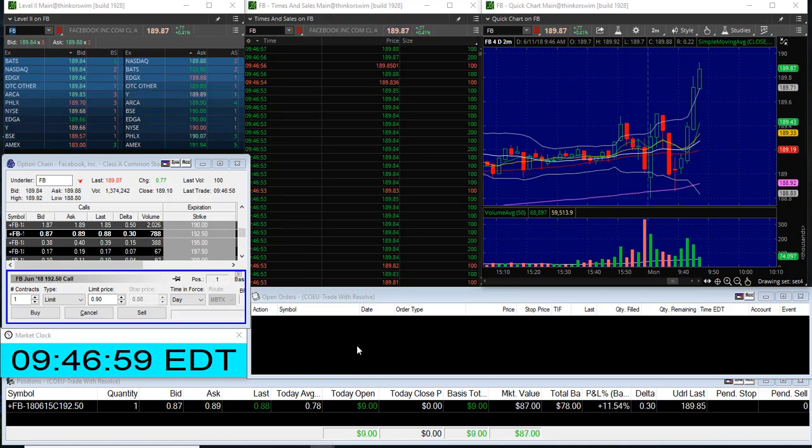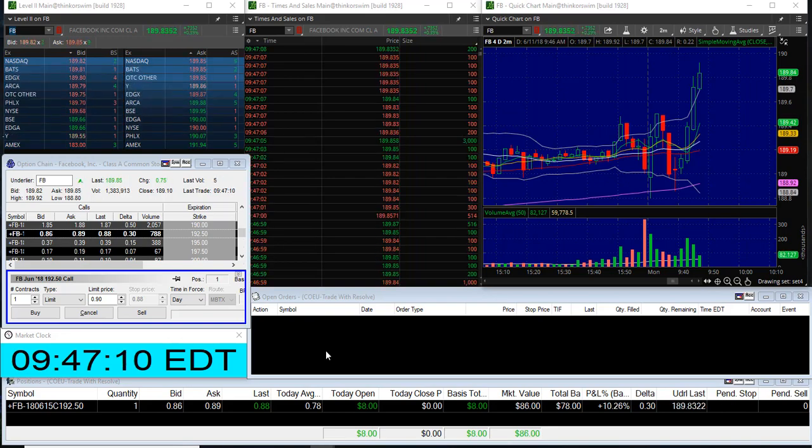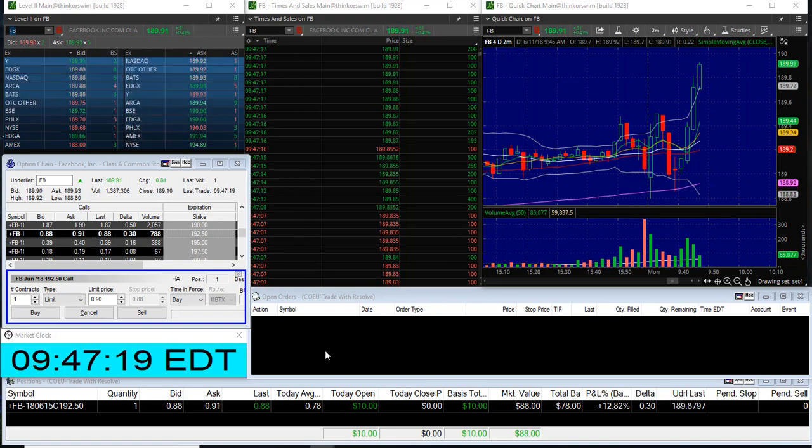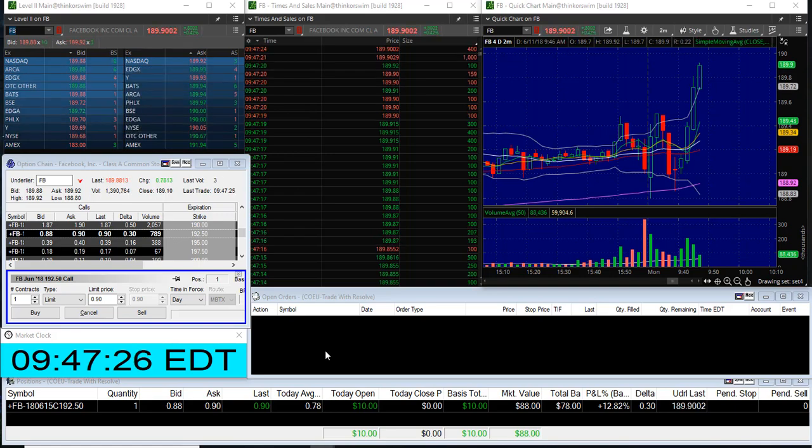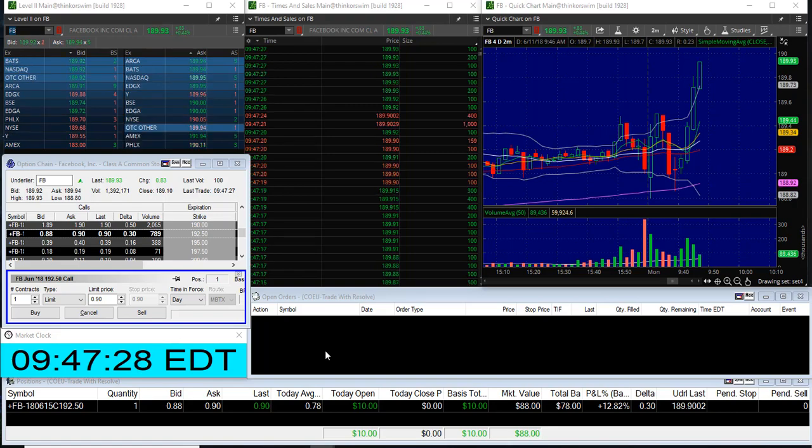Not bad overall. If you would have purchased Facebook outright, let's say you wanted to purchase 100 shares at $190, you would need $19,000 of capital to get involved. The reason that I enjoy day trading options is that it gives you the opportunity for higher percent gains, and that's what I really like about it, because again, had I invested $1,000 into this trade, I would be up $120 because I'm currently up about 12% at this point.